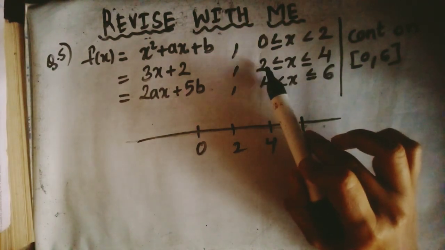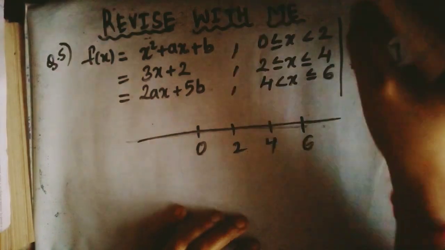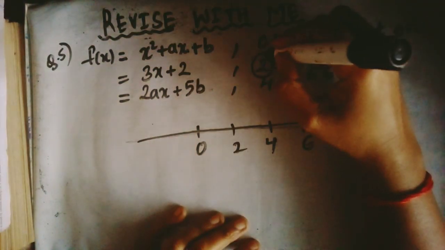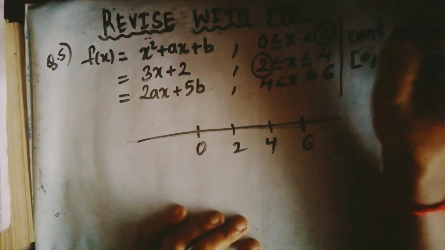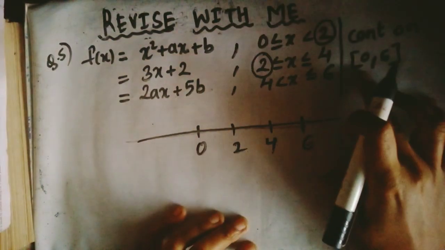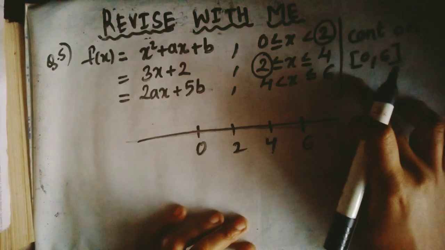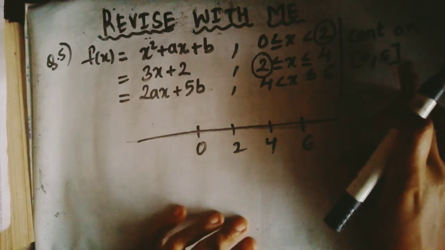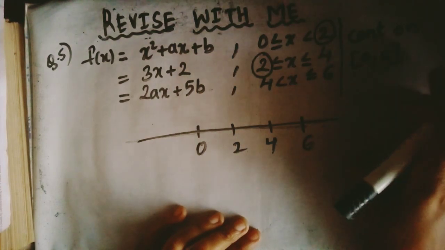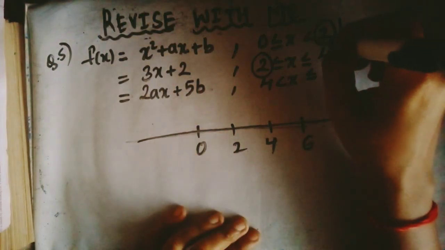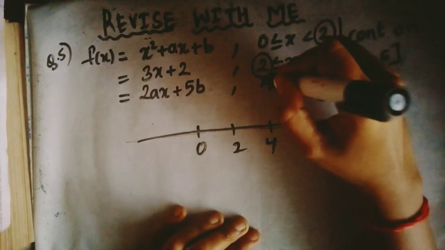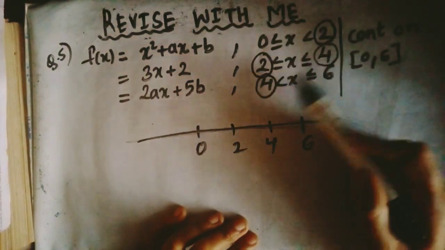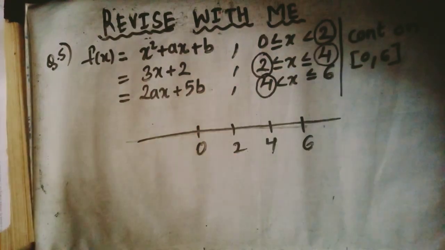Here left hand limit is 2, right hand limit is 4. This left hand limit and right hand limit are equal because this function is given continuous on the closed interval 0, 6. Again we have to make use of right hand limit on 4 and left hand limit on 4, so it is continuous at x equal to 4.